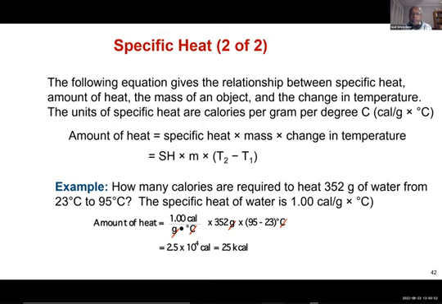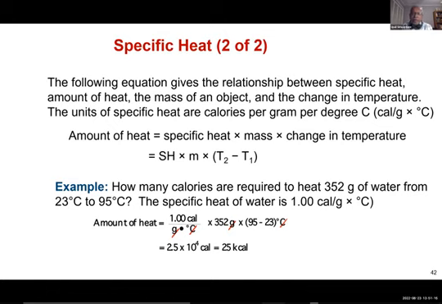So when I do that, I get 2.5 times 10 to the fourth calories, converted to kilocalories by dividing by 1,000. So I get 25 kilocalories.